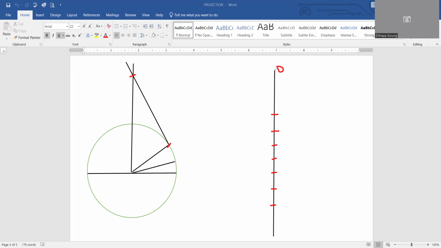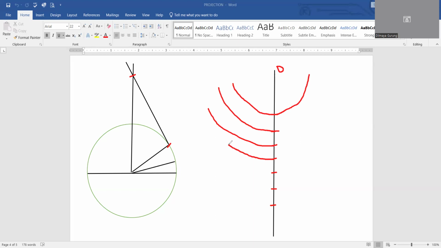Now again, keep the point of your compass here and make these arcs like this. Make sure the compass point stays here only, and you just need to stretch the pencil portion. Let's make the arcs fast. I'm making them freehand, so the arcs are not perfect.